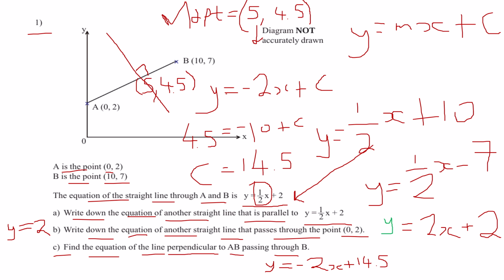And that's gradients here, and looking at equations of straight lines. To recap and summarize, parallel lines are lines that have the same gradient, so the same coefficient of x, and perpendicular lines are lines where the gradients are negative reciprocals of one another, i.e. they must multiply to make -1.